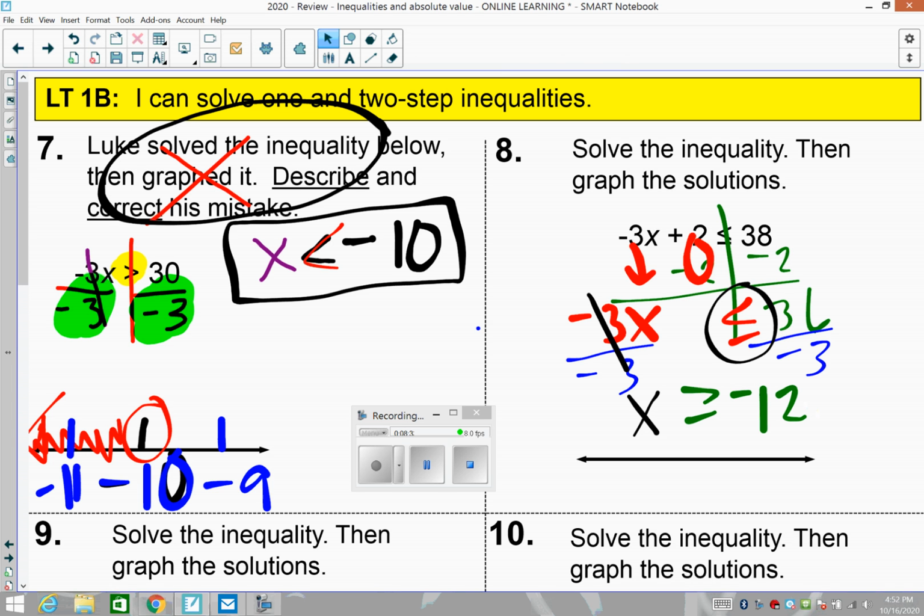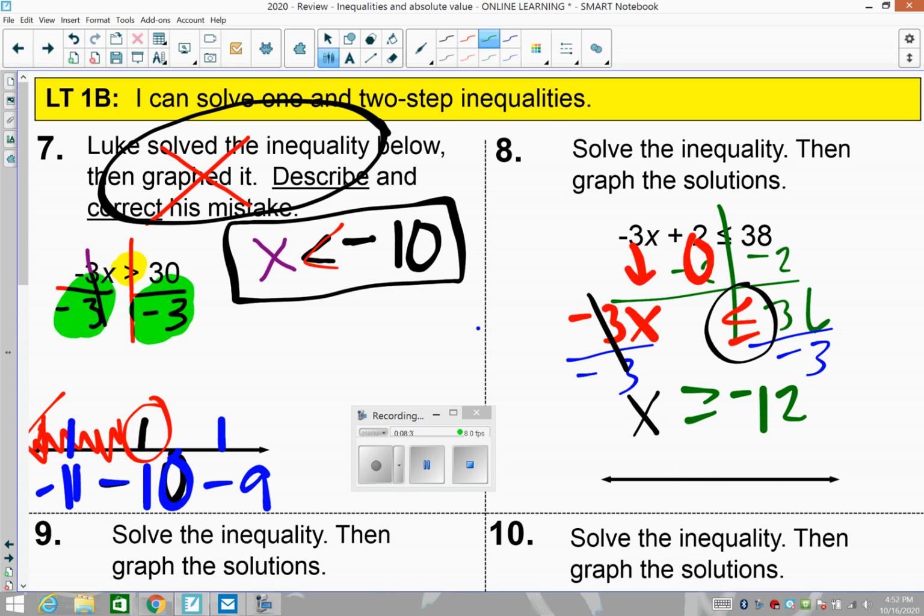Graphing. So at negative 12, we have a closed circle. And we're going to talk about all the values that are greater than negative 12. So let's think about things greater than.